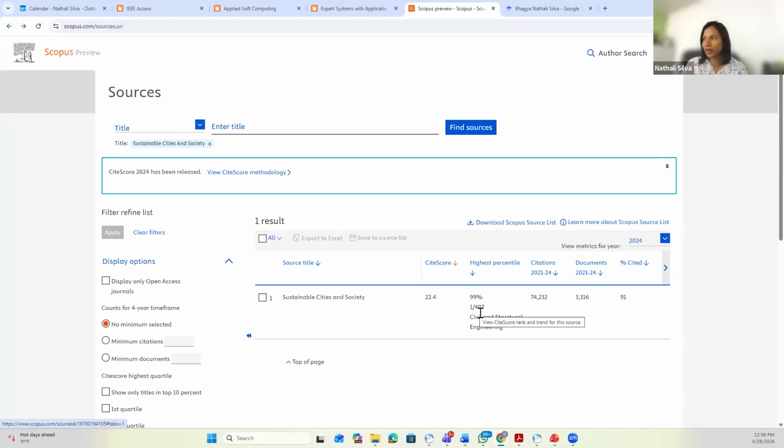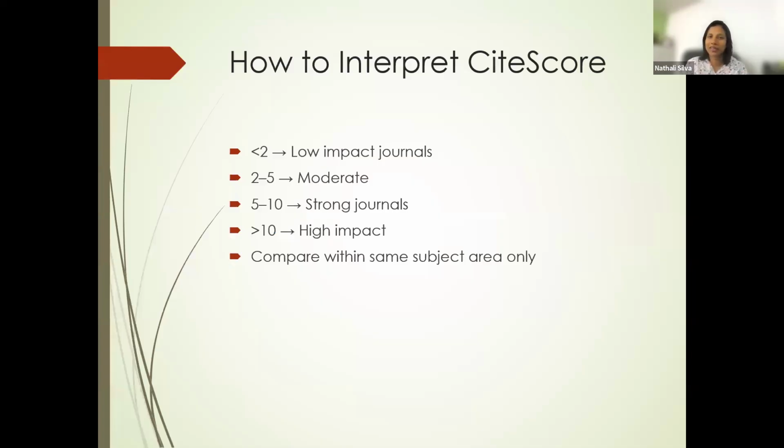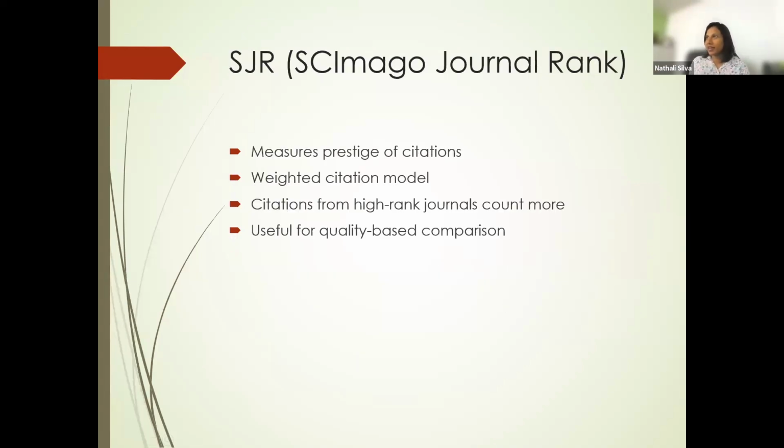This is the topmost journal which comes under civil and structural engineering. So that depends on the domain as well. When you are working on research, you might get an understanding of what the range is for your domain. This range for computing and engineering can also be applied.